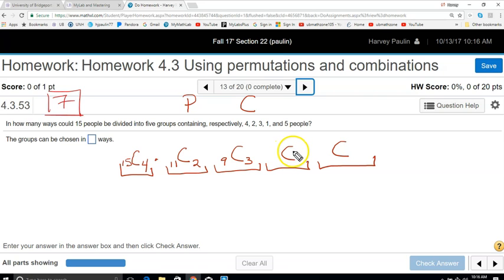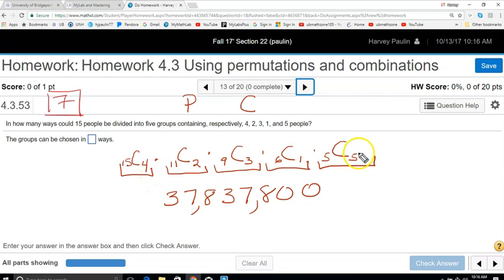How many people from here? Well, now there's only 6. We're going to select 1. And then here, there's 5, and we're going to select 5. All right, let's put that in your calculator and see what you get. Now, it's a tad tedious putting that into your calculator, and you're just going to times all of these, of course. And again, knowing whether you're selecting permutations or combinations and following the protocol.